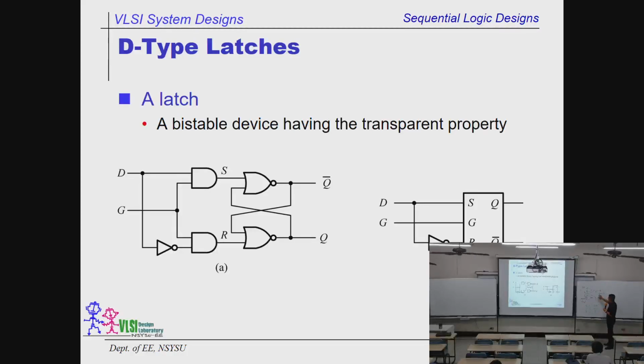But according to the definition of complementary, this is undefined. You cannot have a Q bar equal to Q. So when both are high, you're going to have undefined. Definitely undefined.